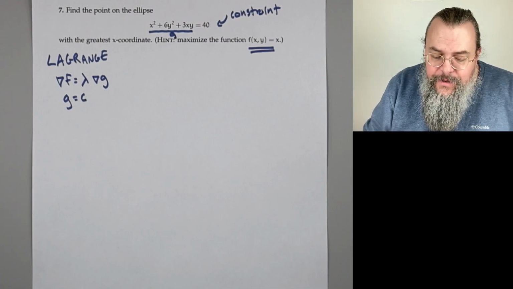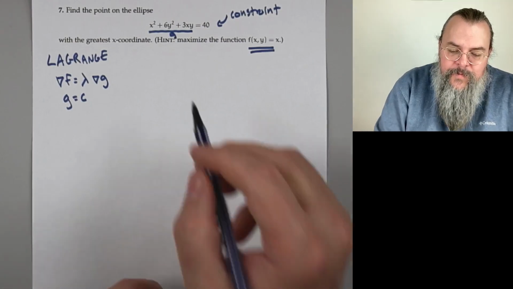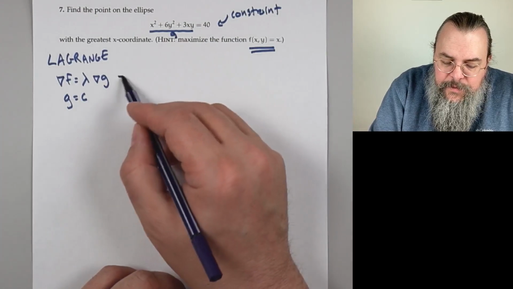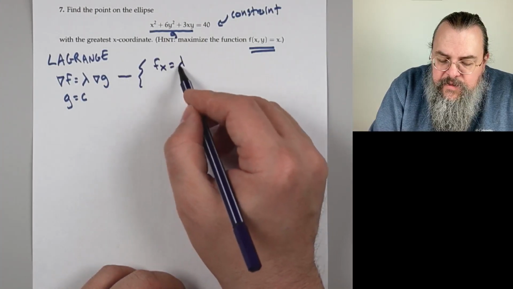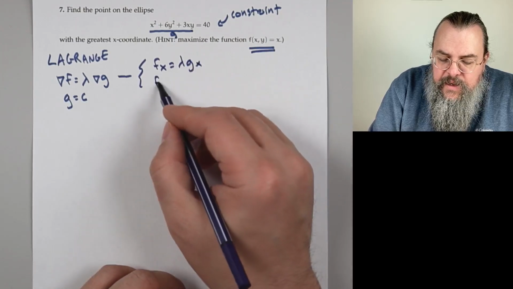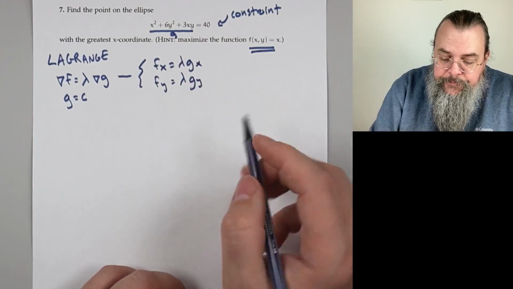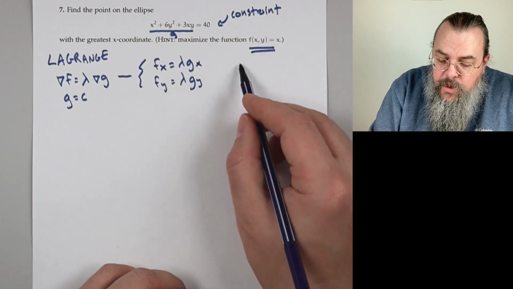Okay, so we go through and set up our system of equations. Now let's dig into this. This is f sub x equals lambda g sub x, f sub y equals lambda g sub y. In our case, f sub x is 1.